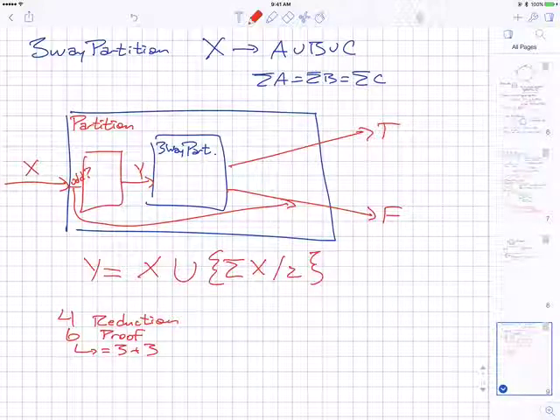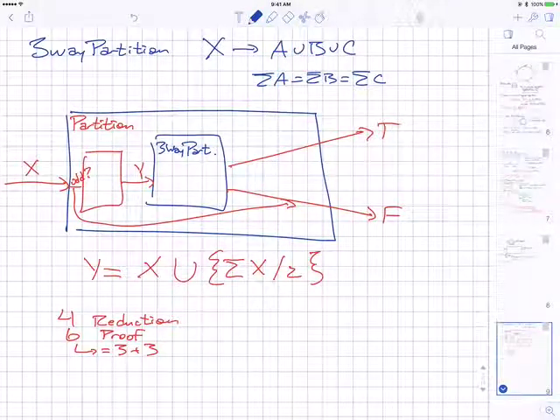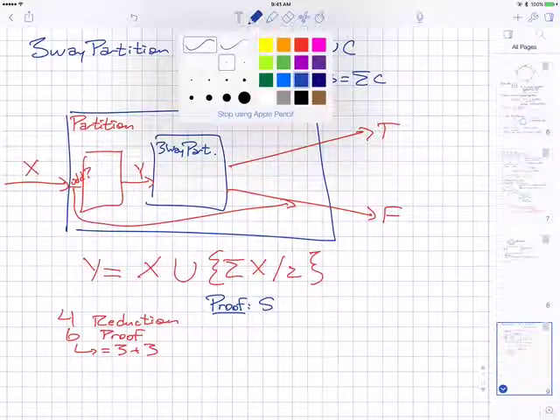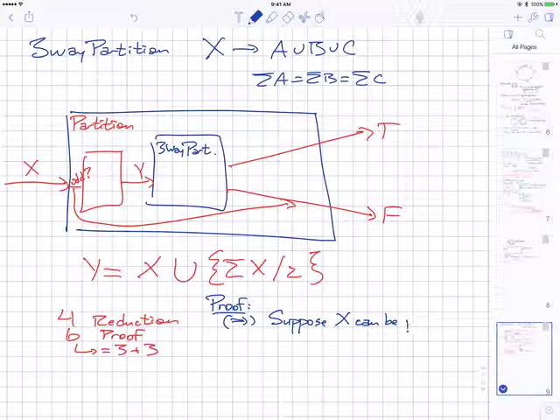Sure. So let's walk through the if and only if for this particular one, just to see what the structure is. So, proof. There are two parts. Suppose X can be partitioned.